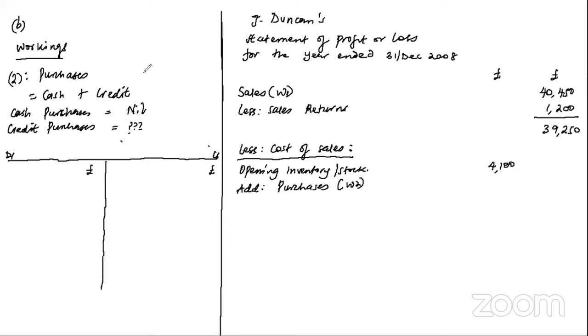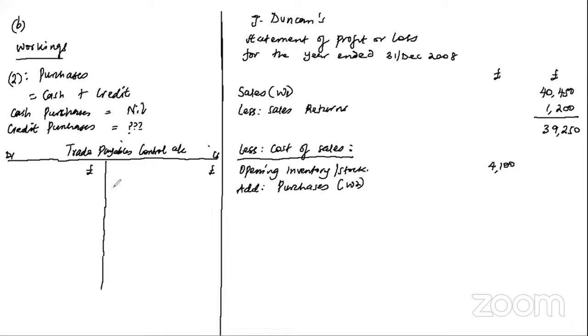Why? Because we have information about the trade creditors, or the trade payables. So I'll use the trade payables control account to arrive at our credit purchases figure. Trade payables, all the creditors, these are current liabilities, so they normally have a credit balance. So I'll get that balance brought down.